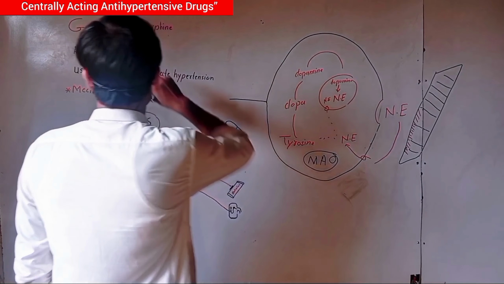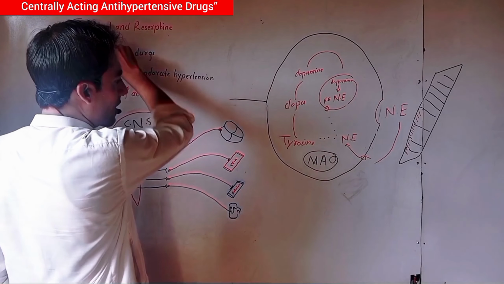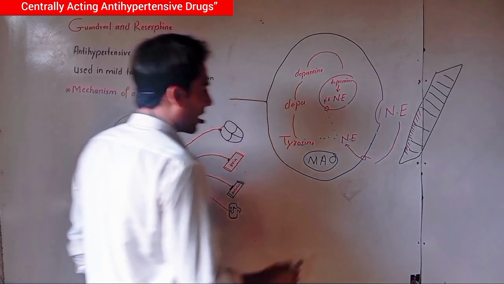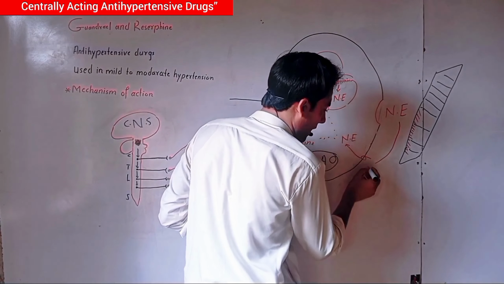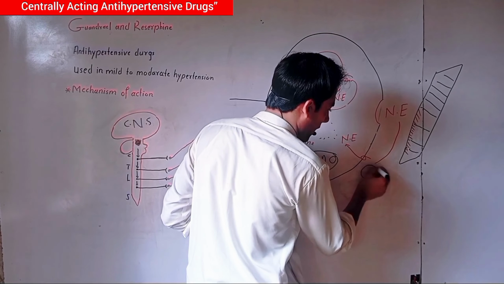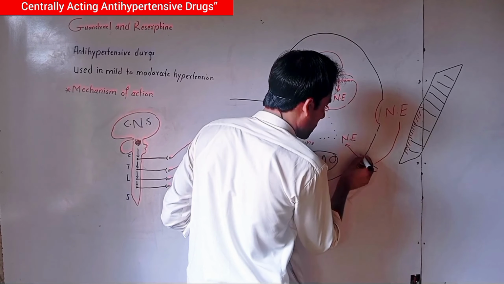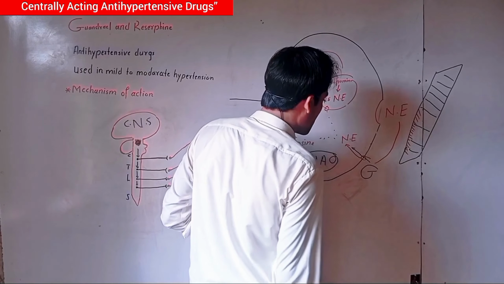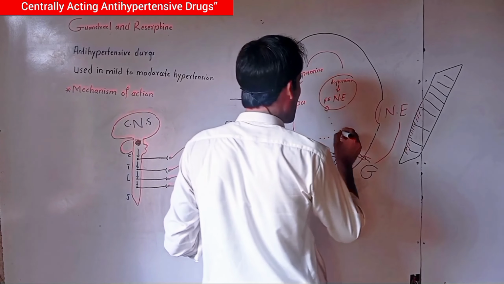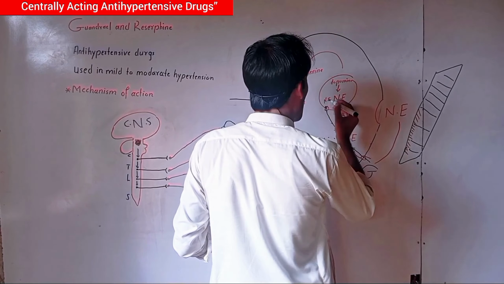Now, when the drug guanethidine is given to a patient, it also follows the same pathway. Let's suppose this is guanethidine; it enters the nerve ending and goes into the vesicle.